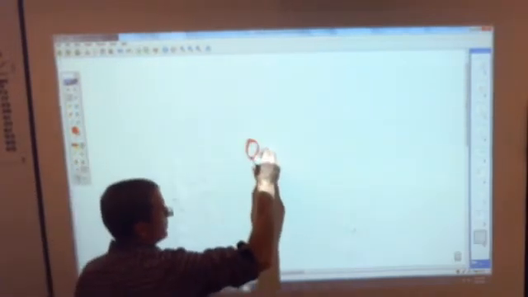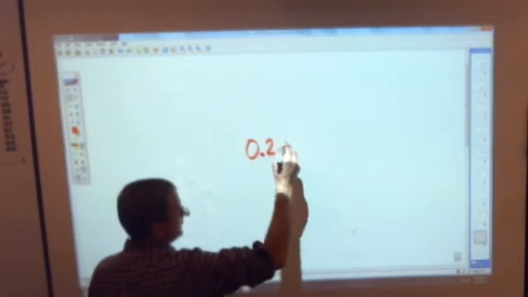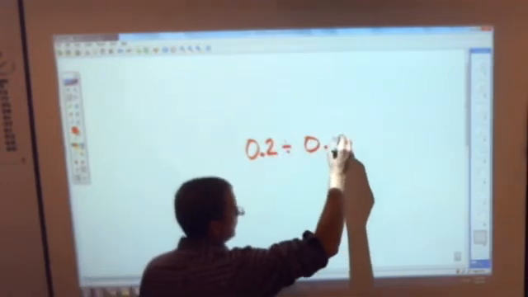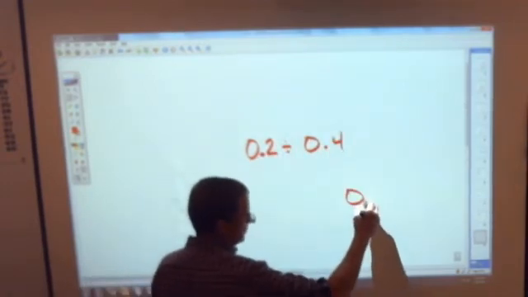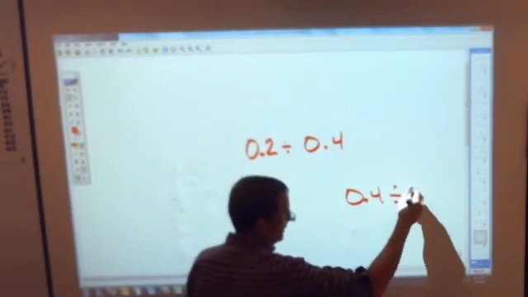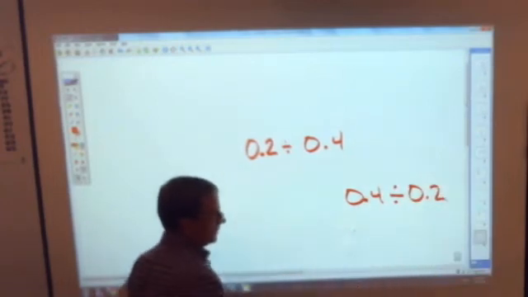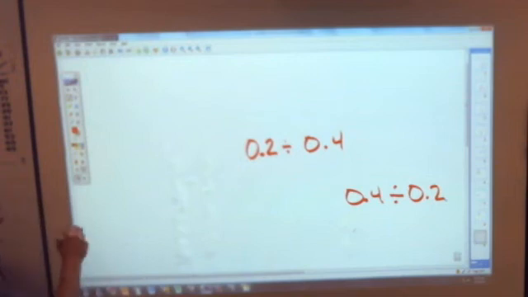If I have 0.2 divided by 0.4, or if I have 0.4 divided by 0.2, you really need to figure out which one goes where when you write it out as a division problem. The place I see most people make mistakes is they don't know which one goes on the outside of the little division box and which one goes on the inside.